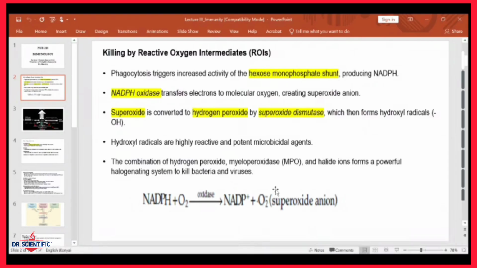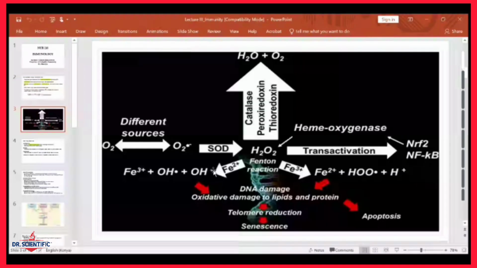So that pathway would run so that ultimately radicals are being generated, the hydroxyl and the halides, majorly from hydrogen peroxide. And catalase is able to break this down.